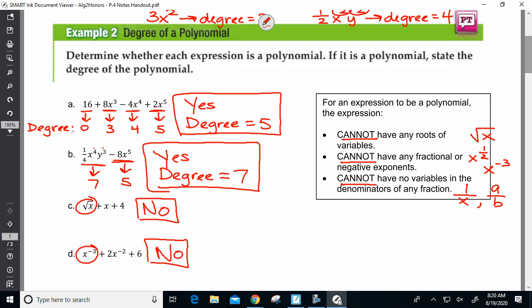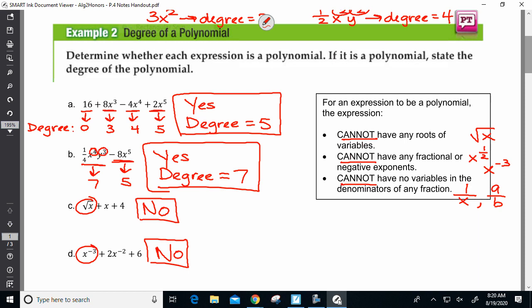So, before we move on, any questions floating out there? Questions, comments, things you need clarity with? Remember for degree, you're adding up all the exponents that the term had. So for part B, you have an exponent of 4 and an exponent of 3.